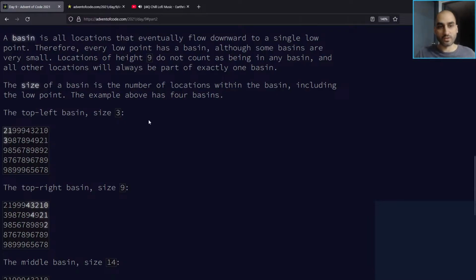It seems that it always only goes up to 9 at most. 9 is like the ridge that separates all the basins. Wait, doesn't that basically mean that the 9s form a border around all the basins, that's it.